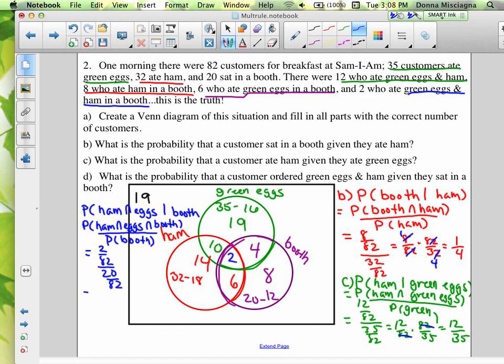This is the same as 2 over 82 times 82 over 20. We can cancel the two 82s, and 2 and 20 are both divisible by 2, so 2 divided by 2 is 1 and 20 divided by 2 is 10. So you have a 1/10 probability that you would eat green eggs and ham given you sat in a booth.